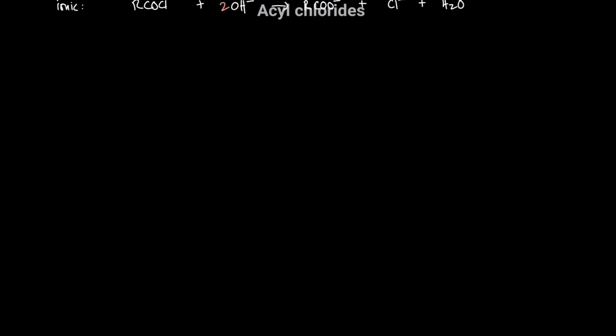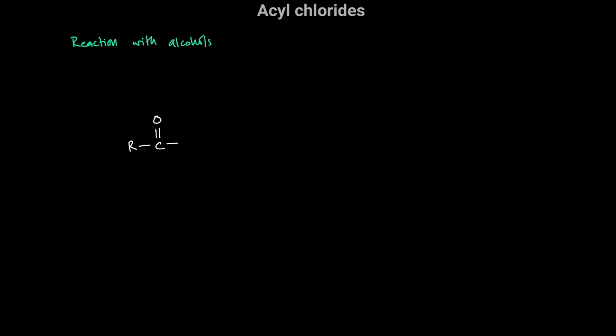So the next reaction that we have for acyl chlorides is the reaction with alcohols. When we talk about the reaction with alcohols, the reaction is very similar to what we have with carboxylic acids.